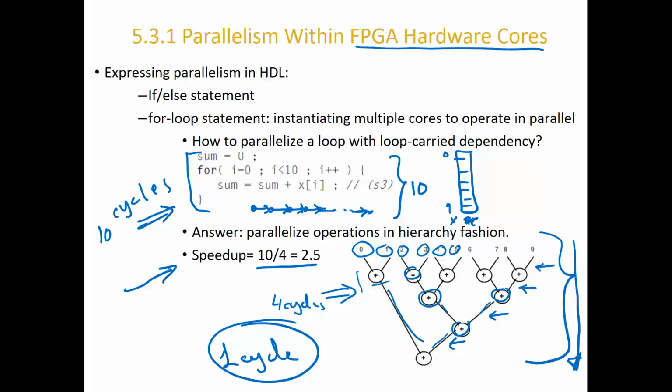So this shows you that if you use multiple hardware cores, and in this case a hardware core in our example is an adder, you can speed up things very efficiently. But if you are stuck in the world of software, you really need to do things in a very serial fashion.